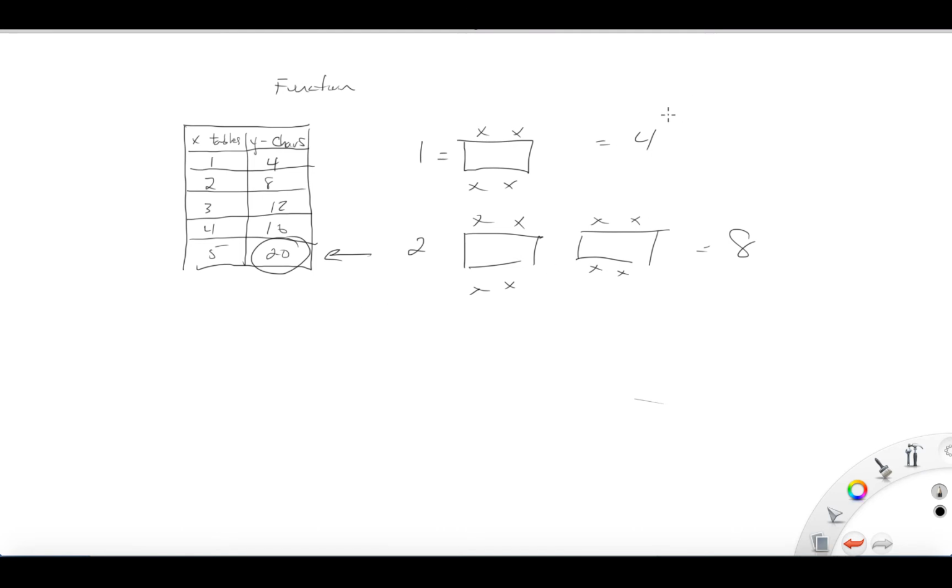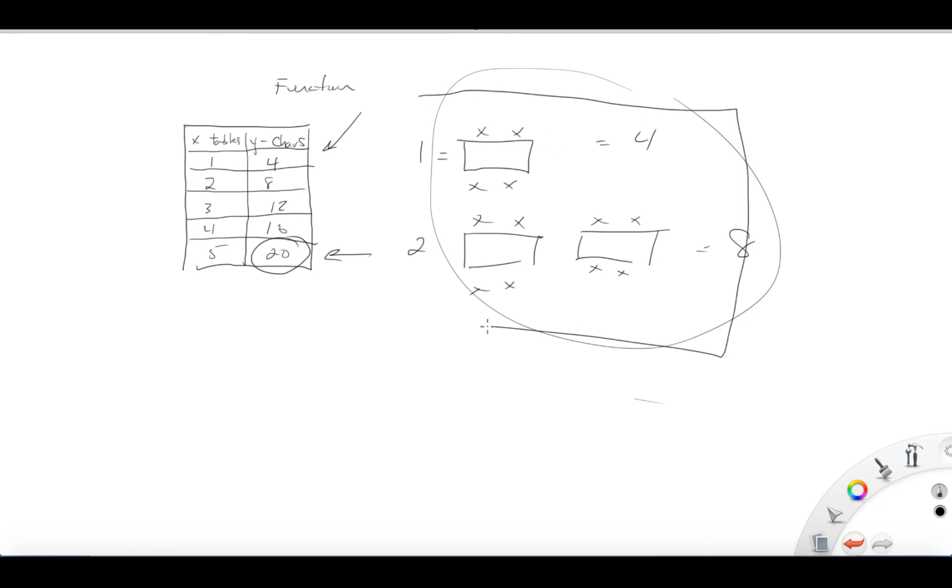So we can keep writing tables out. Instead of doing this big work and actually drawing it out, we've made a function box that will tell us what we have. Now, question A says, write a rule in words that shows the number of chairs Jamal orders for each table. Well, I kind of did that with this example.